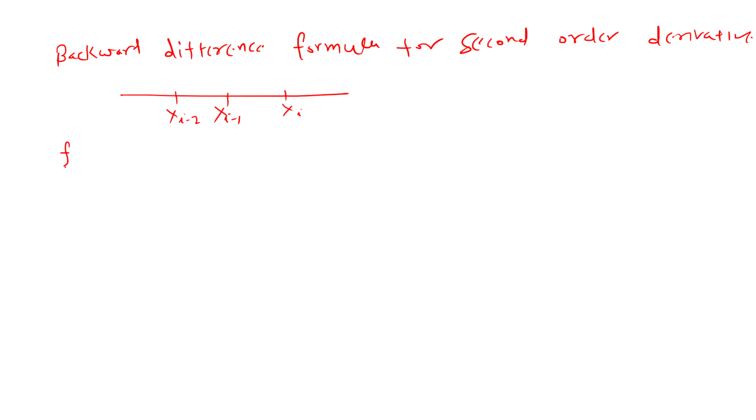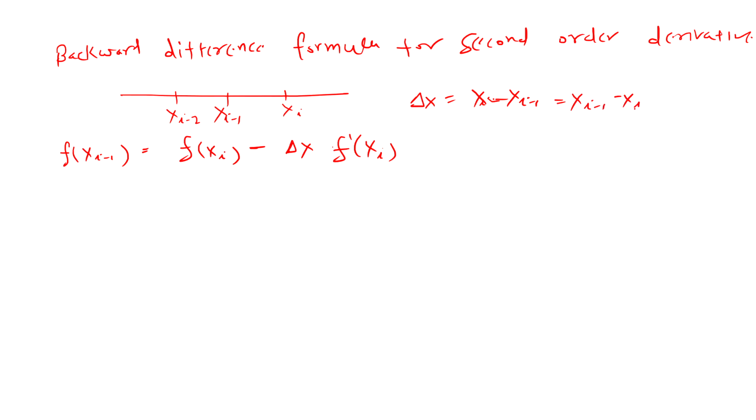So f of xi minus 1 will be nothing but f of xi minus delta x f prime xi, where delta x is xi minus xi minus 1 equal to xi minus 1 minus xi minus 2, plus delta x square upon factorial 2 f double prime xi minus delta x cube upon factorial 3 f triple prime xi.